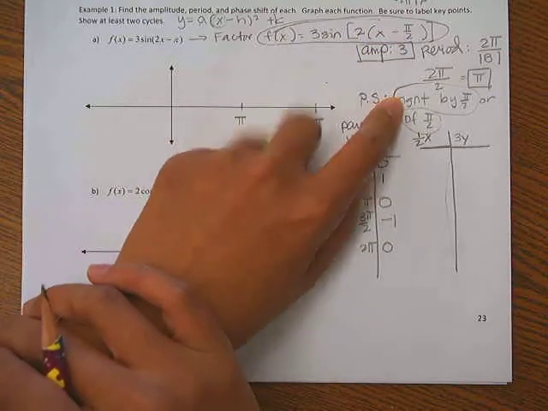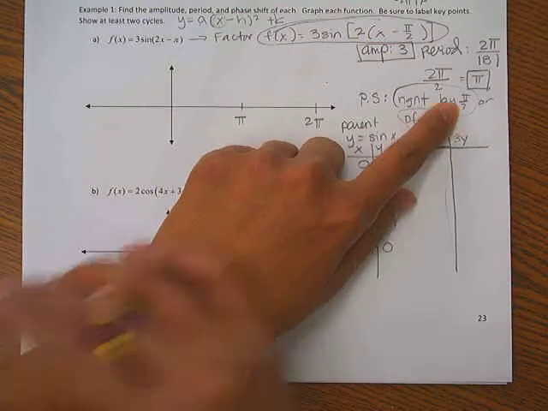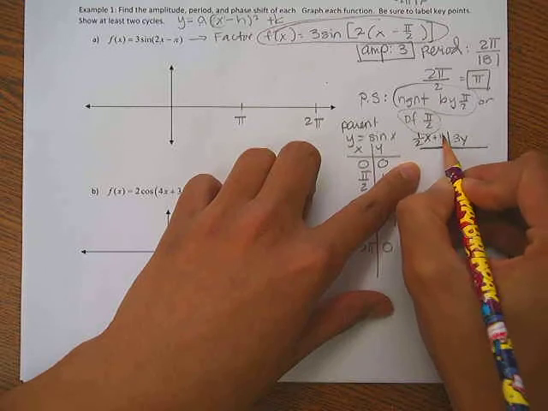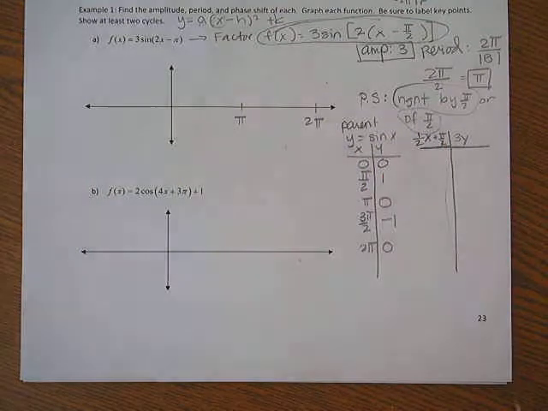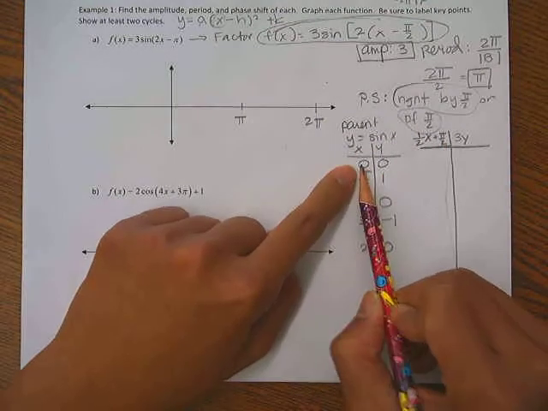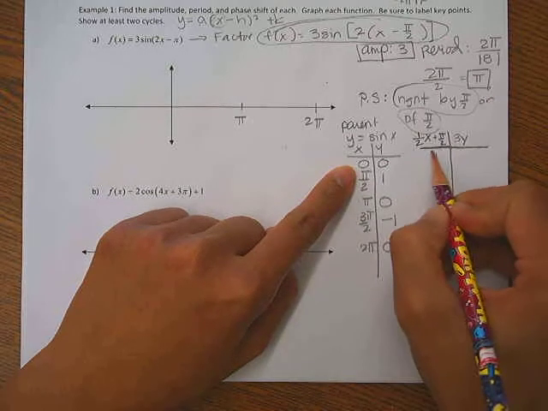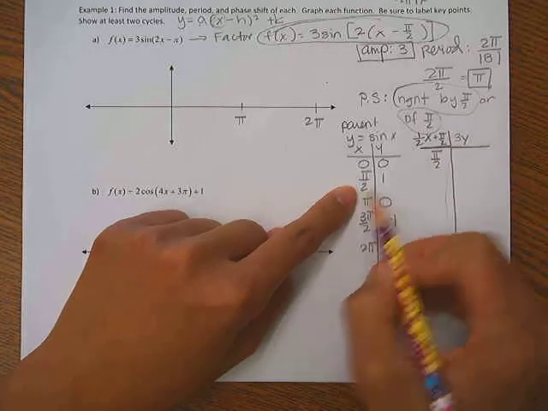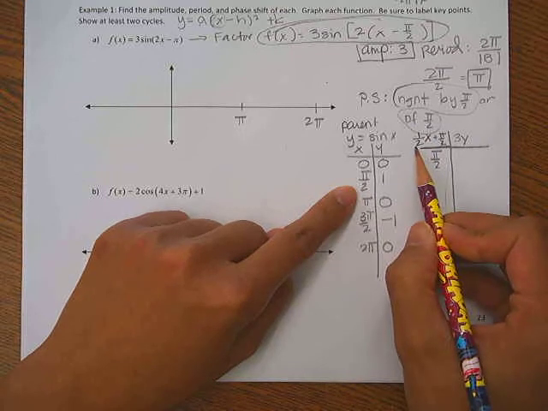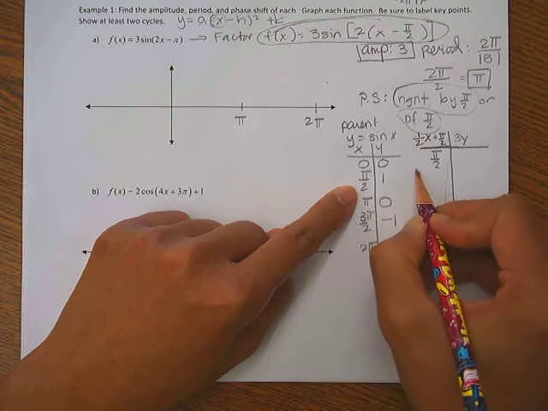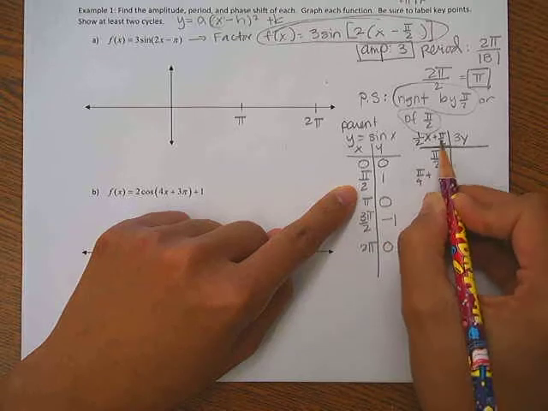We just said it earlier, it's a phase shift right by pi over 2. So I'm going to add a pi over 2. Here we go. 0 times 1/2 is 0. 0 plus pi over 2 is now pi over 2. Pi over 2 times 1/2 is pi over 4. Here's pi over 4 plus pi over 2.